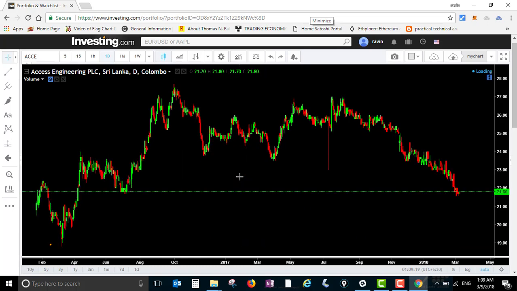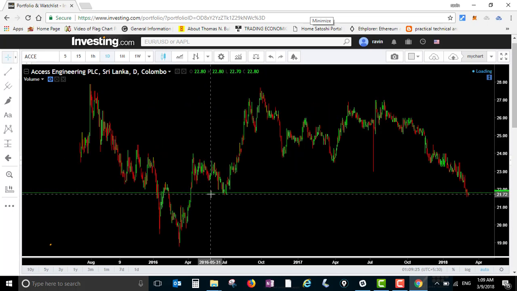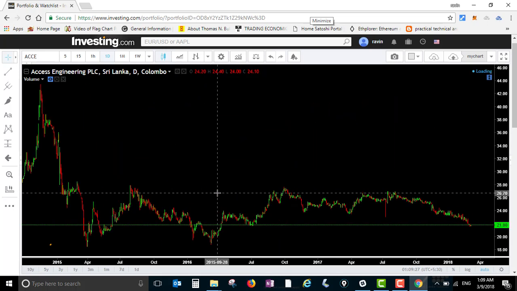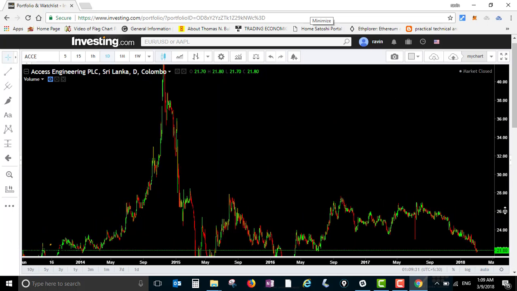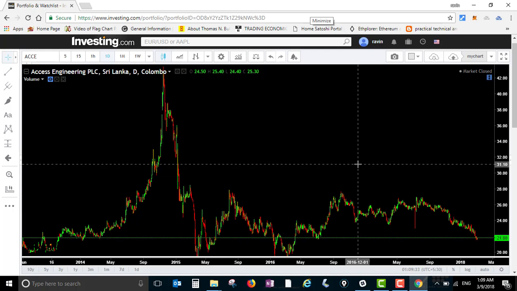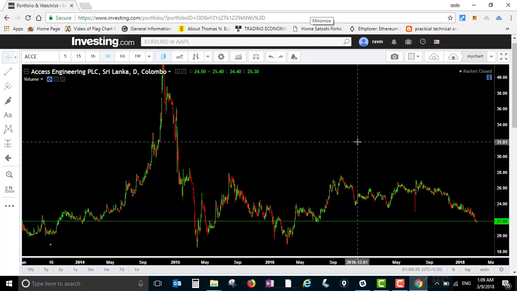If I take this day chart of the Access Engineering stock, you can see there are a lot of price actions during a particular time period. So first, if you are selecting a stock, you want to have a full view of that stock.